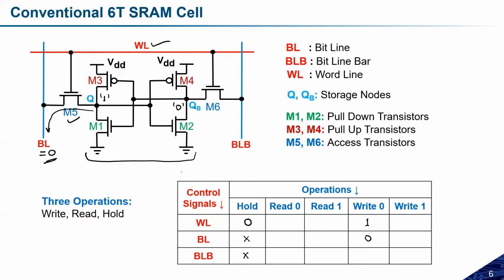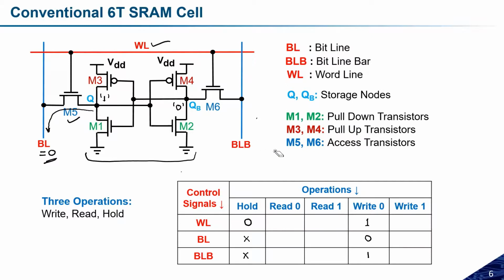By default I have to write 1 on QB, so I have to make this BLB 1, so that will charge this storage node QB. So the BL and BLB will be 0 and 1 respectively. This is how we can perform the write 0 operation.